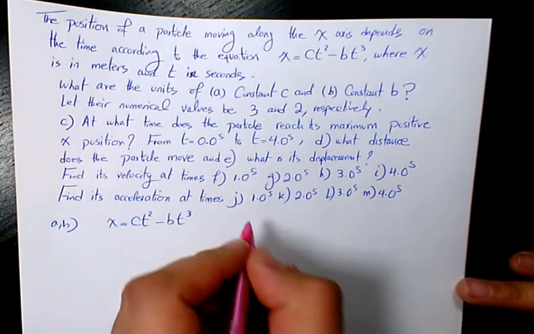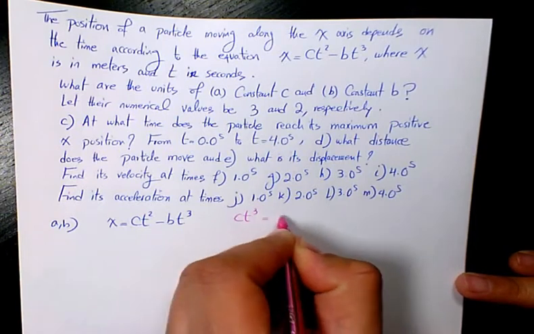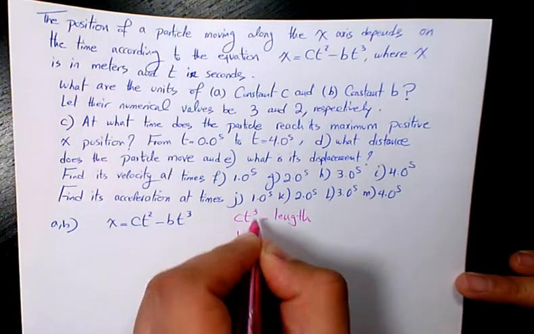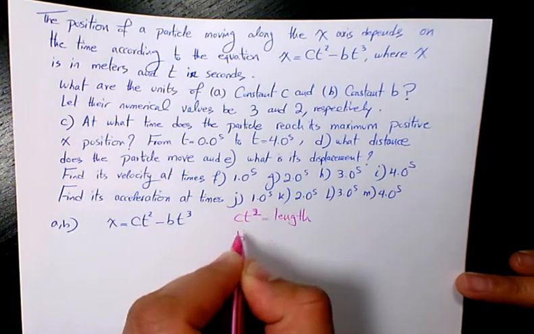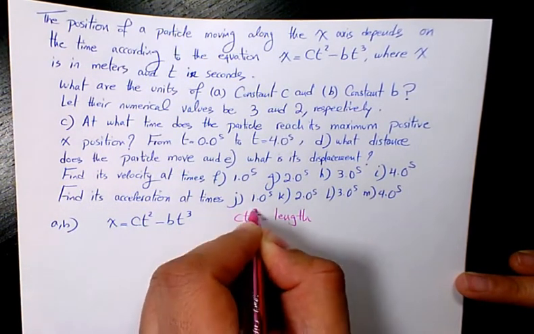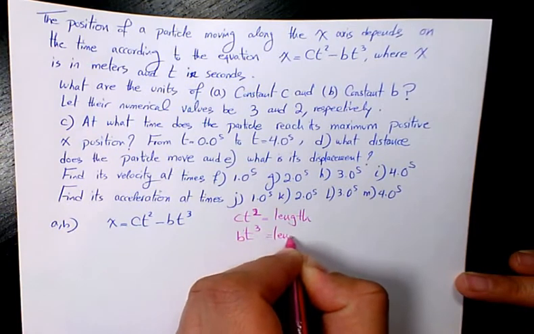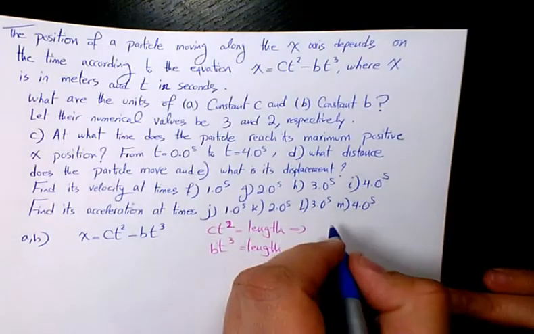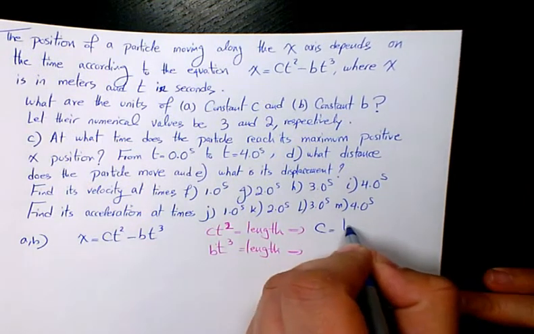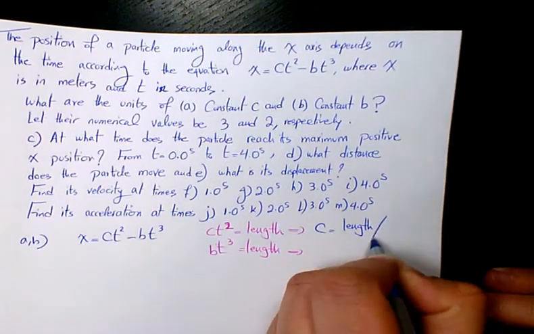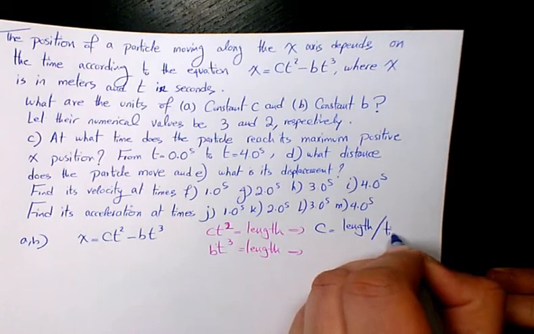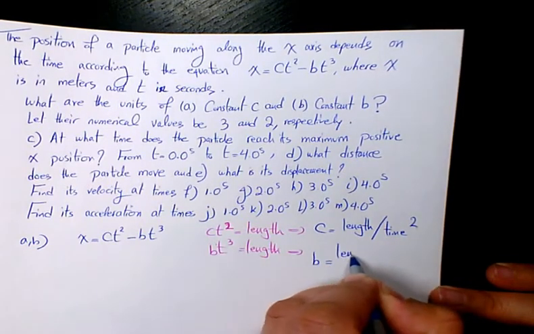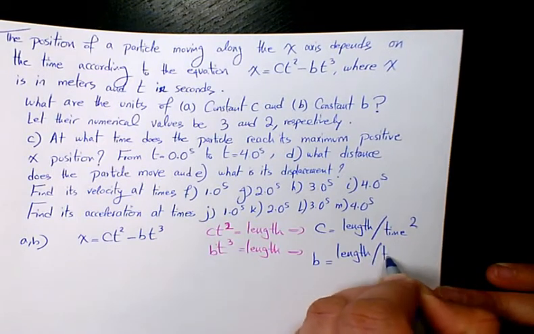So ct squared and bt cubed are going to be in terms of length. Therefore you can say c is going to be length divided by time squared, and b is going to be length divided by time cubed.